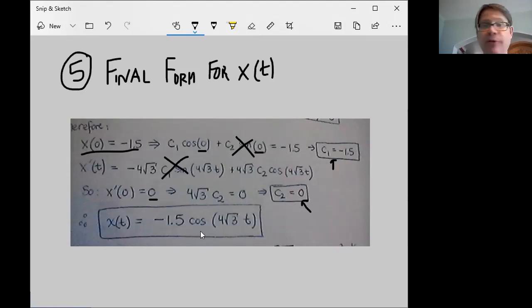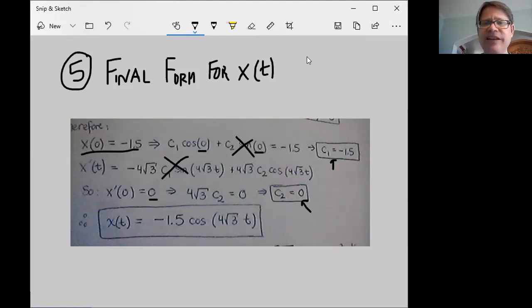And our final form for the equation of motion will be -1.5, which is our C1, times the cosine of 4 root 3t. So we could use this formula to predict at any time t exactly where that object is going to be in our system. So we've completed the primary objective, which was to find our equation of motion.